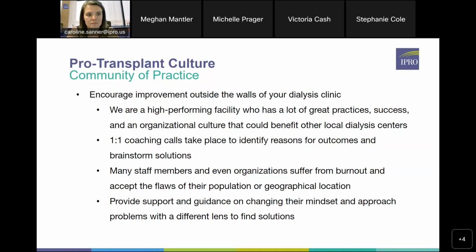So as long as they are pro transplant, your clinic will be pro transplant. And then just providing that support and guidance to help change the mindset and approach for your techs, your nurses, your RDs, your patients, and your doctors. My goodness, the doctors sometimes need to have new life breathed into them about transplant too. Yep. Next slide.